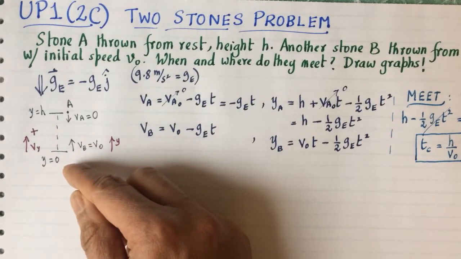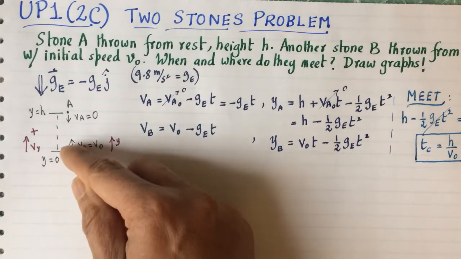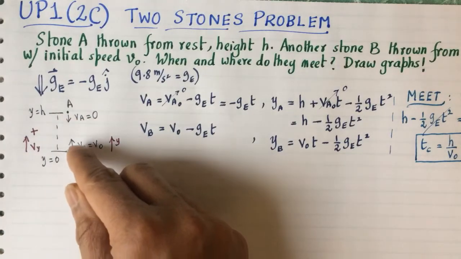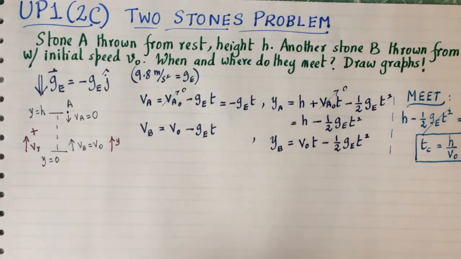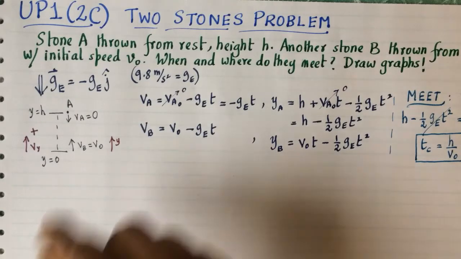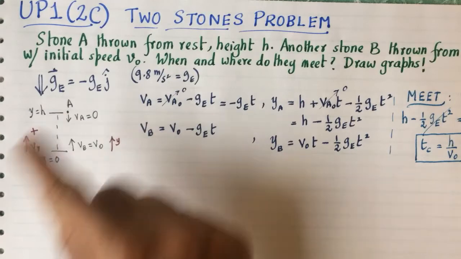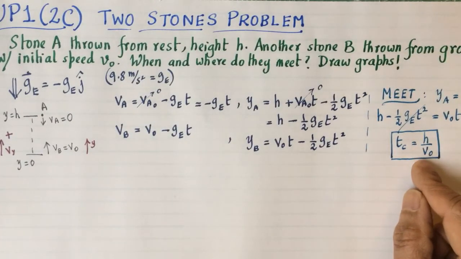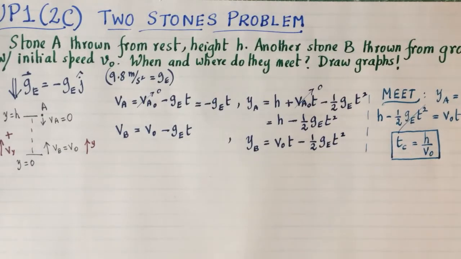Meanwhile, the stone B simply comes up with constant speed, because the stone B, according to you, is not getting slowed down at all. Since you're falling with an acceleration g sub e, it somehow appears that stone B is simply drifting up with a speed v0, and indeed the time taken is the distance drifted divided by the speed of the stone. So this makes complete sense from that filmmaker perspective.